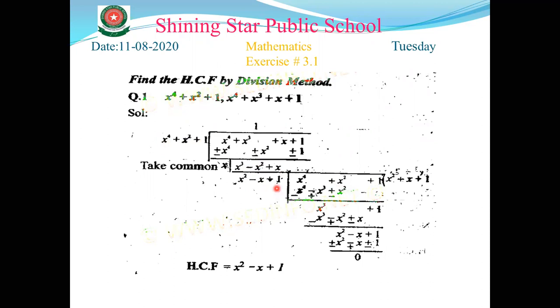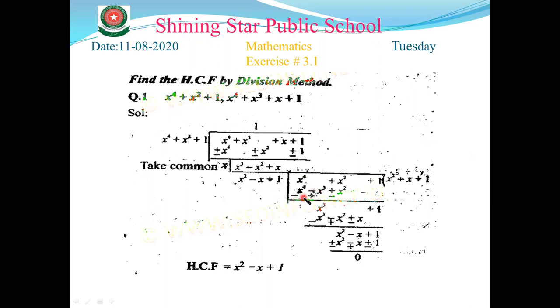Okay, because from here we can take the common x, and when we take the common x, remaining is x square minus x plus 1. Now, we multiply x square minus x plus 1 with x square, so it becomes x power 4 minus x cube plus x square.